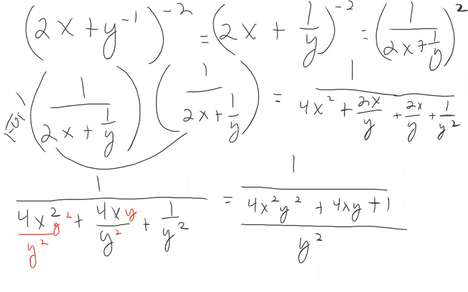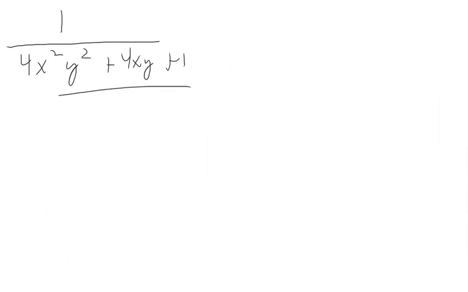So I'm going to rewrite this again on a new page. So again, we had 1 all over 4x squared y squared plus 4xy plus 1 all over y squared.